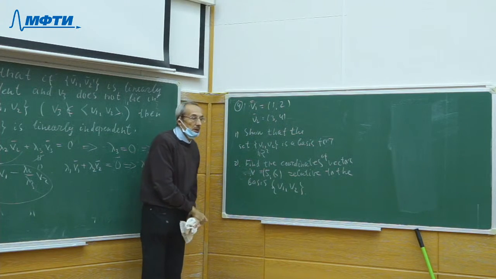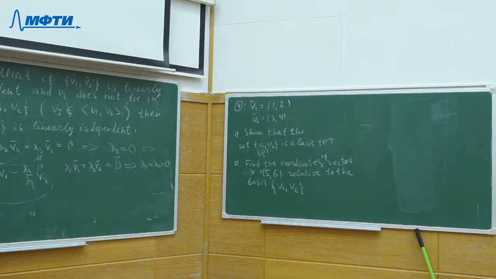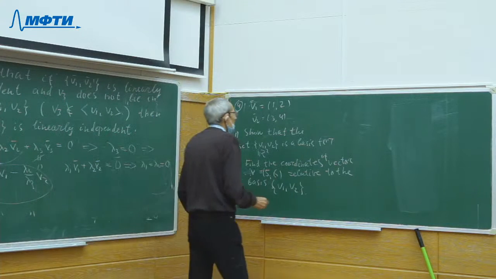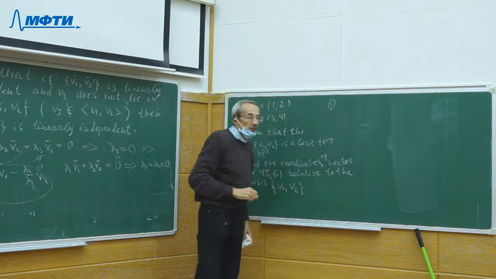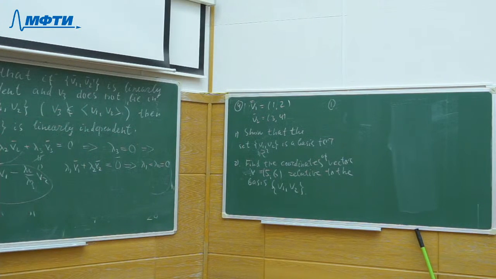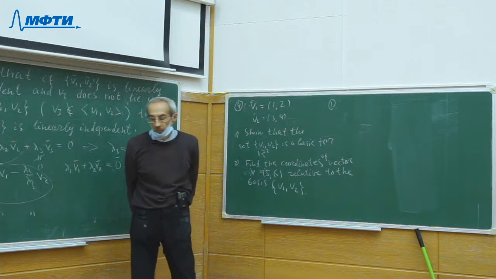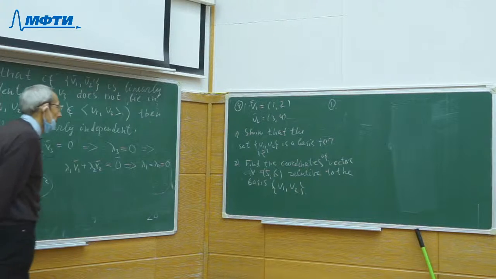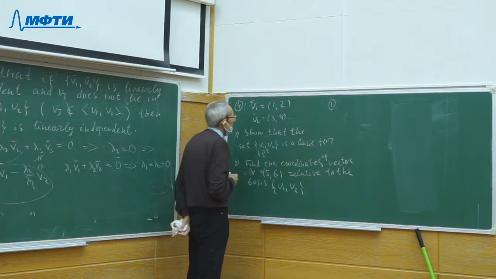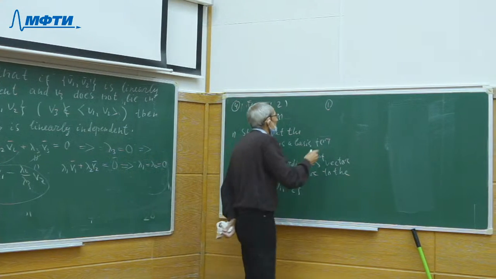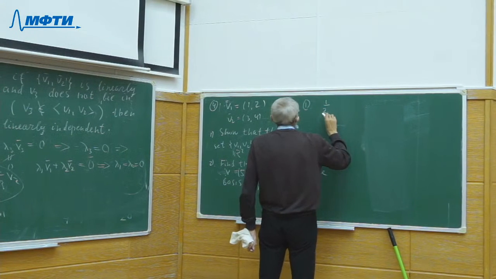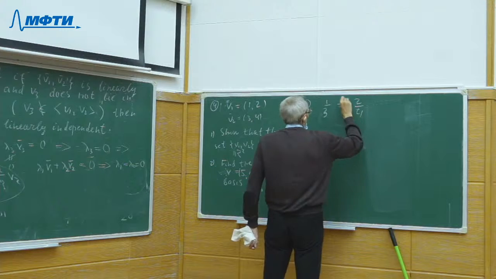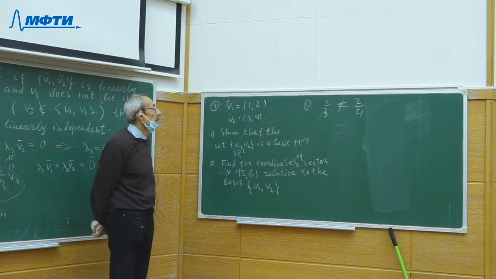We can prove this fact in various ways. First, maybe the simplest way is to use the following fact: every two non-collinear vectors form a basis in the plane, and we can easily check that two vectors are non-collinear because the ratios of the corresponding coordinates are not equal.